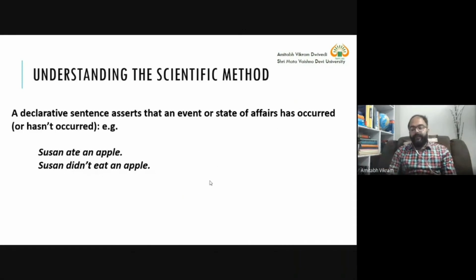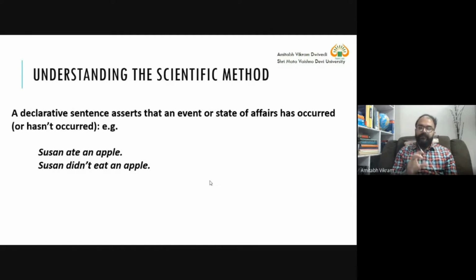So we try to understand this scientific method with the help of certain examples, certain declarative sentences. So what is a declarative sentence? Declarative sentences assert that an event or state of affairs has occurred or has not occurred.